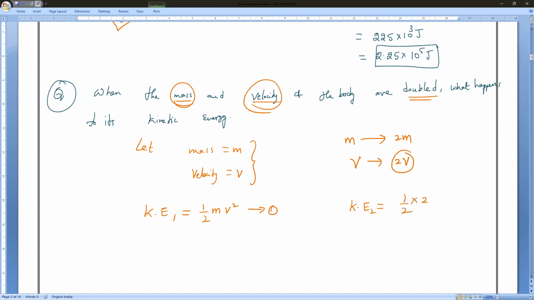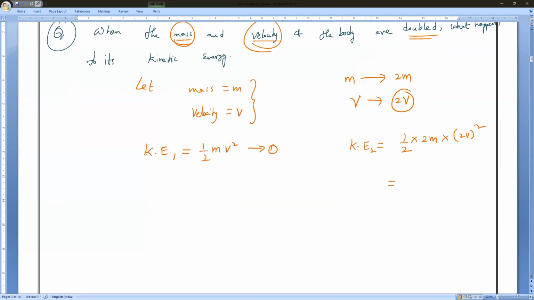Half into mass 2m into velocity 2v whole square. So which is equals to, 2 will not get cancelled. So be very careful with that. So 2 into 2 into m into 2 square means 4, 4 into v square.